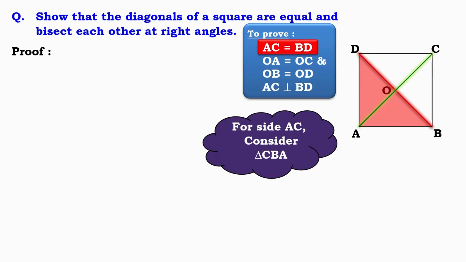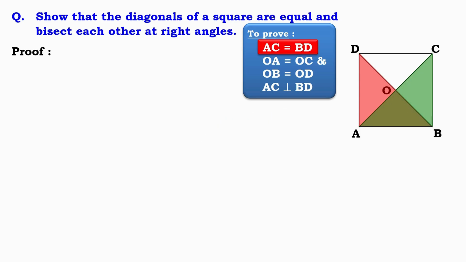For side AC, consider triangle CBA. We need to prove that these two triangles are congruent. So let's take a look. In triangle DAB and triangle CBA, what is given? AB is the common line, so AB equal to AB. That is the common side.